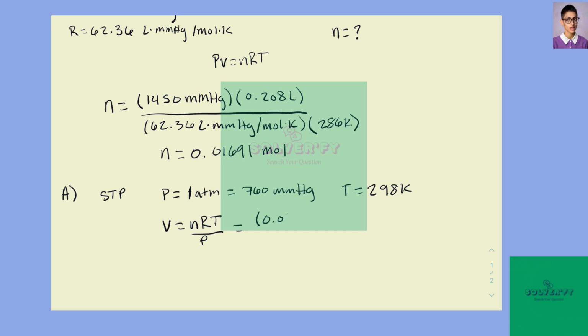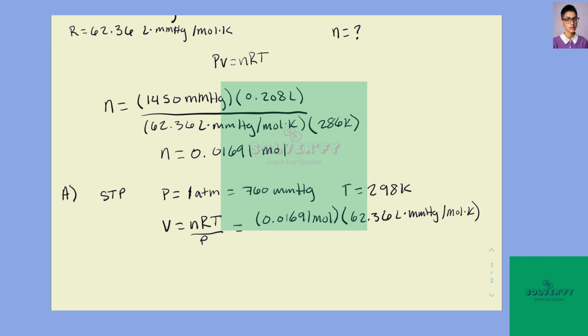0.01691 moles. And we're going to times this by our R value, 62.36 millimeters of mercury per mole Kelvin.